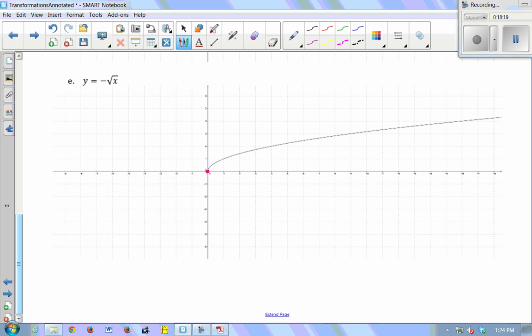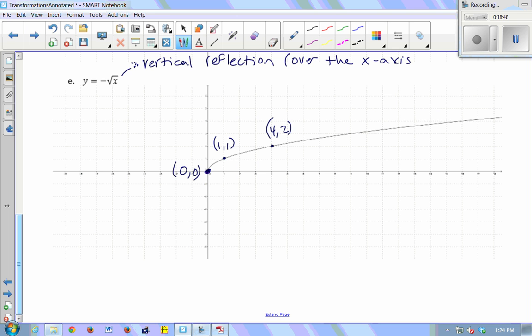Yeah, so pick a few key points here. So I've got 0, 0, 1, 1, 4, 2. So what I'm doing is, because this is an outside change, which is a vertical change, I should write this down first. This is a vertical reflection that is over the x-axis. Okay.